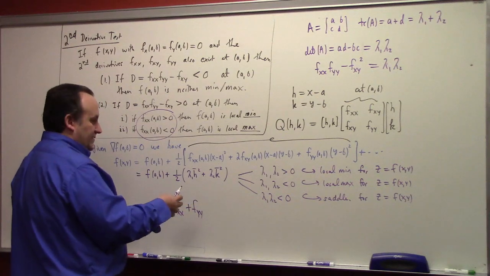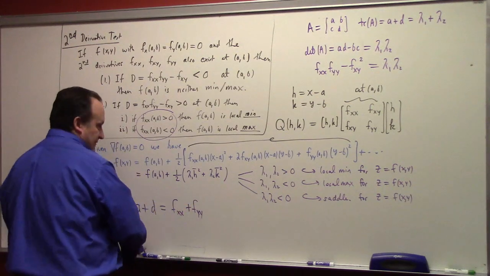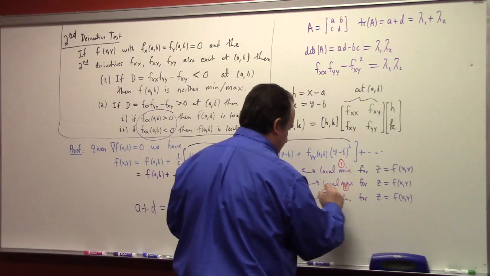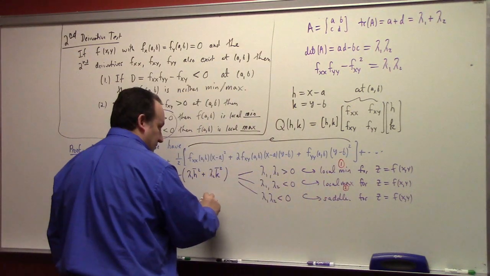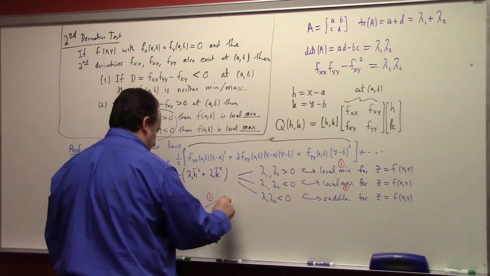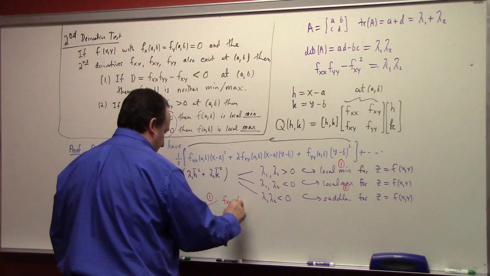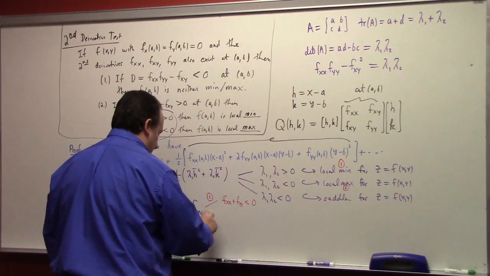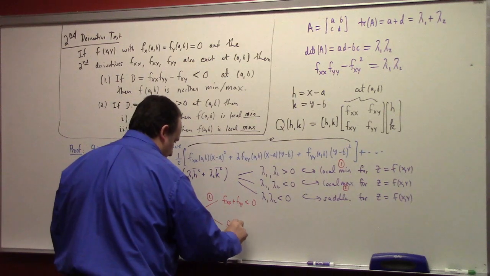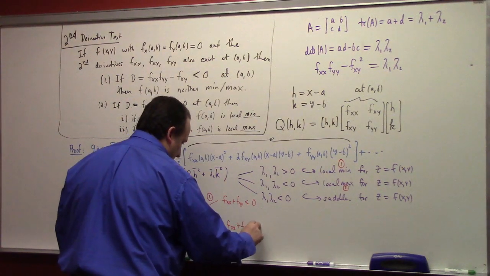Let's talk about these two different cases. Let's call this case 1, let's call this case 2. So for case 1, they're both negative, so we have fxx plus fyy less than 0. Case 2, we have fxx plus fyy greater than 0.